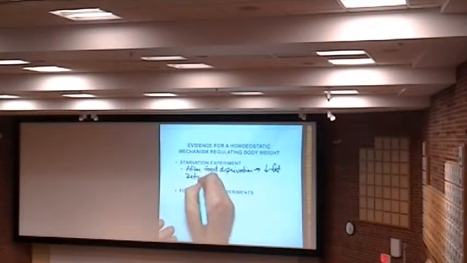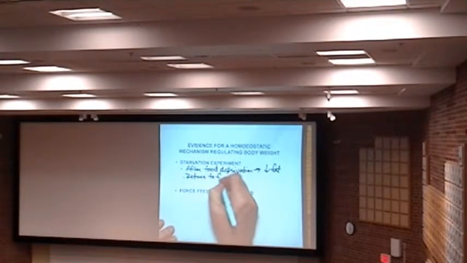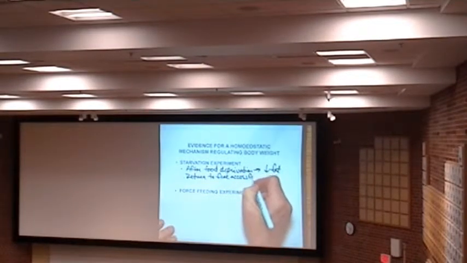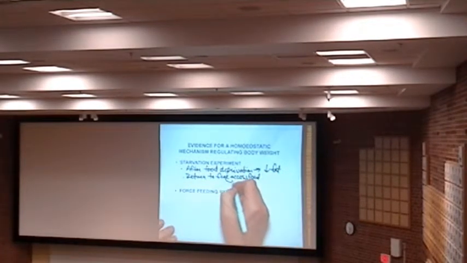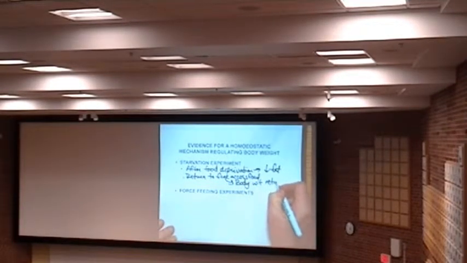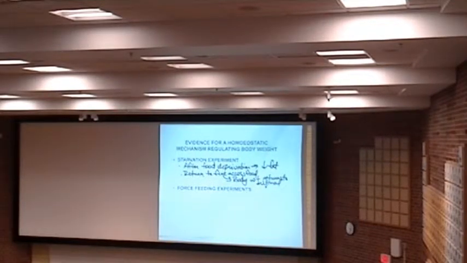Return to free access of food, and body weight returns to original value. This suggests that there is some kind of homeostatic mechanism. It returns to what it was before. It doesn't keep increasing and go on and on and on.